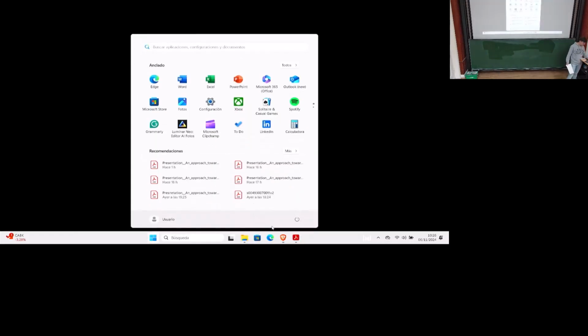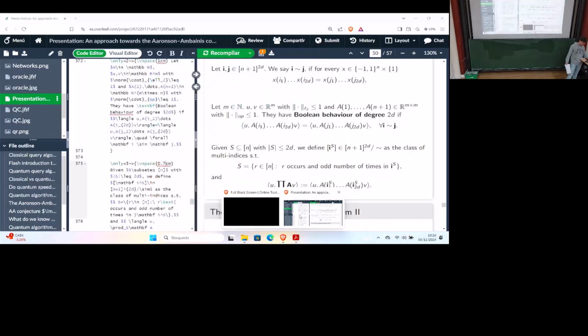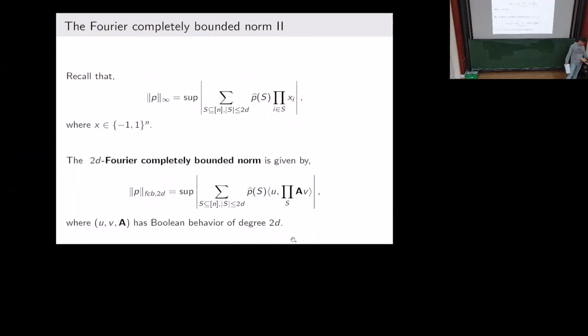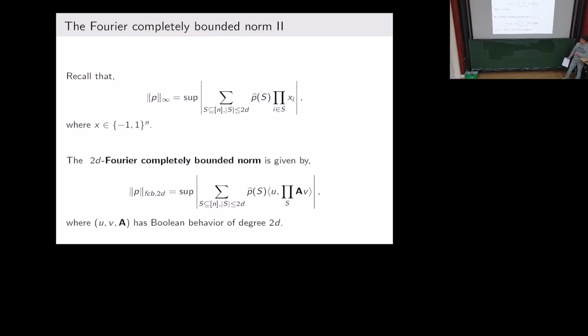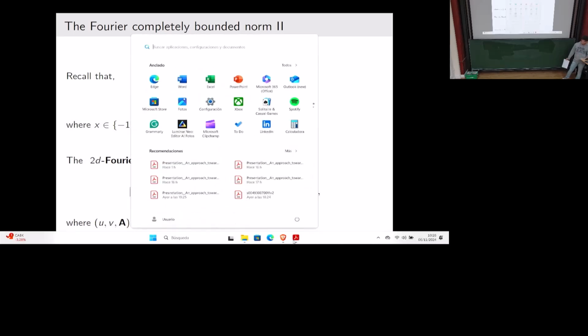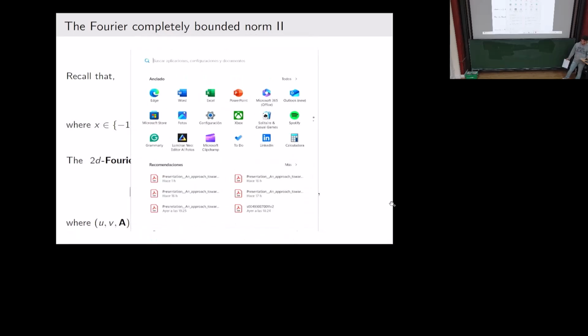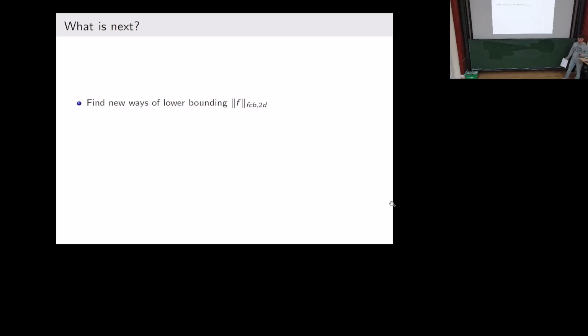For the definition of the Fourier completely bounded norm, is the supremum over just the vectors or the matrices, or what is the supremum? Over U, B's, and A, over all three, over these tuples of vectors and matrices that have Boolean behavior. Okay? Also, why is it called Fourier completely bounded?